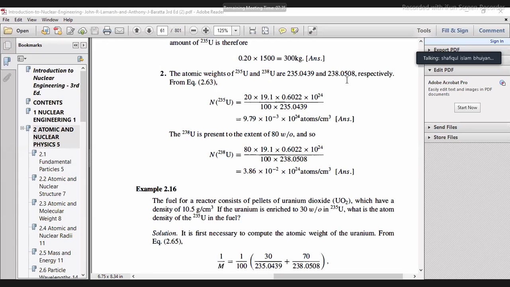And step 2, molecular weight of uranium dioxide.